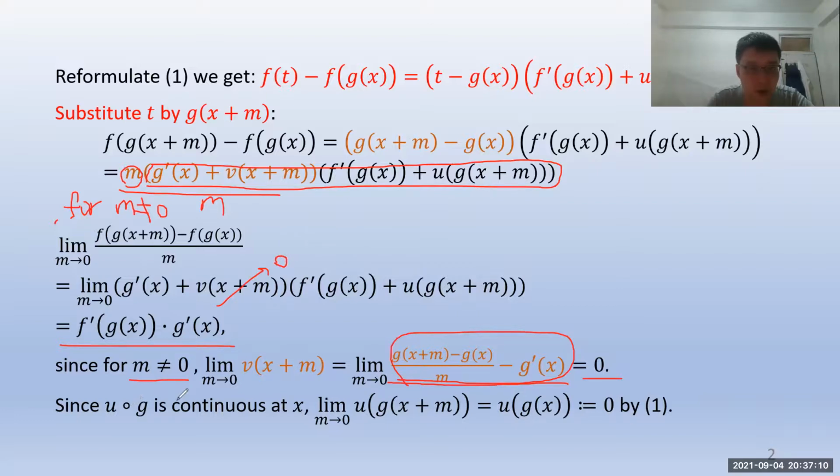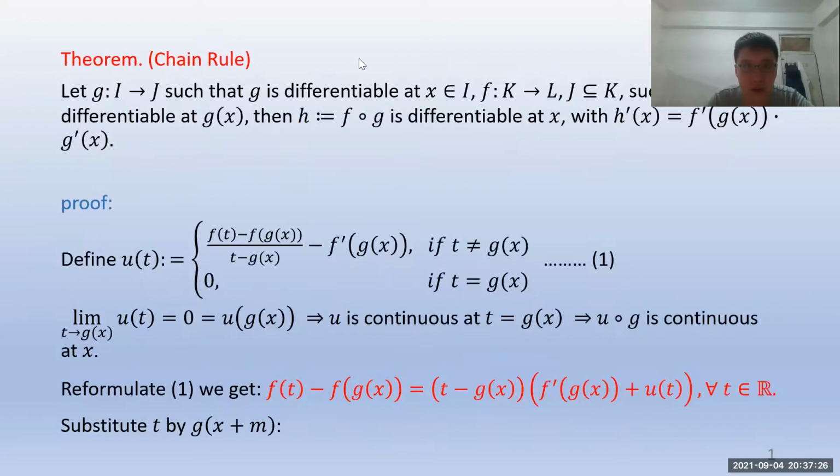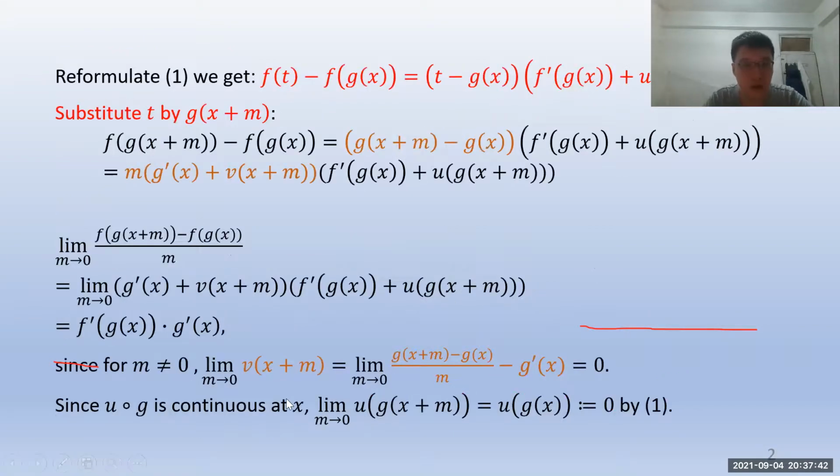And since mu circle g is continuous at x, as already appeared on the previous slide, the limit as m tends to 0 of mu(g(x) plus m) is equal to mu(g(x)), and this by definition is 0, since we defined the function mu to be 0 at the point g(x) by the previous slide in formula 1.